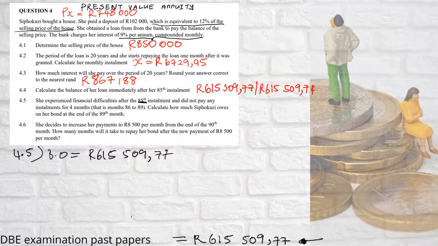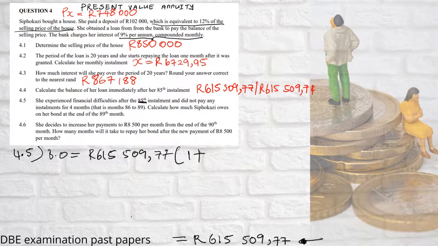So we are saying the balance outstanding after making 85 payments, but then because she was not able to pay thereafter, the balance outstanding has now gained some interest over 4 months, because she didn't pay. So that will be how much Sibokazi owes at the end of 89 months.